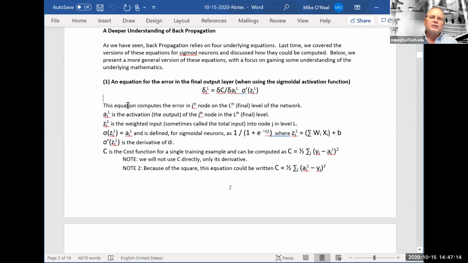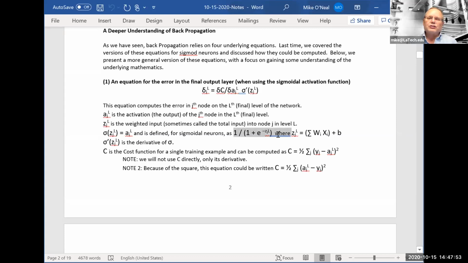Again, this is the equation for the error in the jth node of the final level of the network. A sub j with the superscript capital L is the output of the jth node in the final level. The z is just the weighted inputs, so the weights times the inputs plus the biases, and that's our z. And we stick z into the sigmoid function to give us an activation.